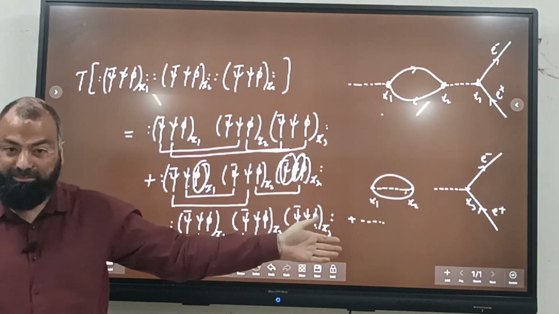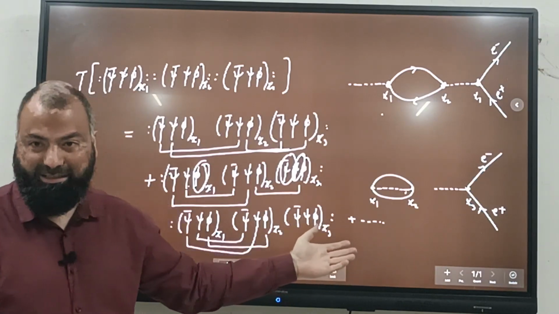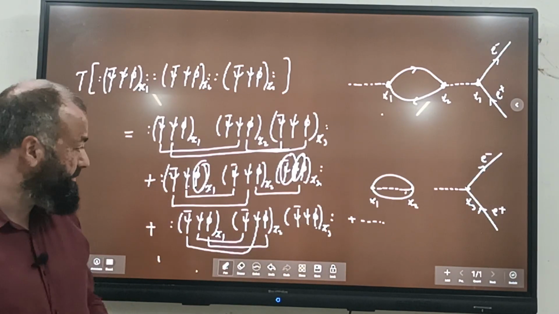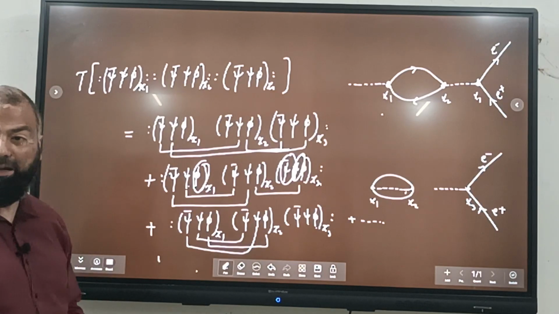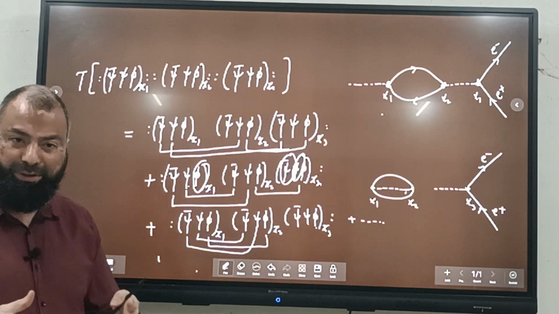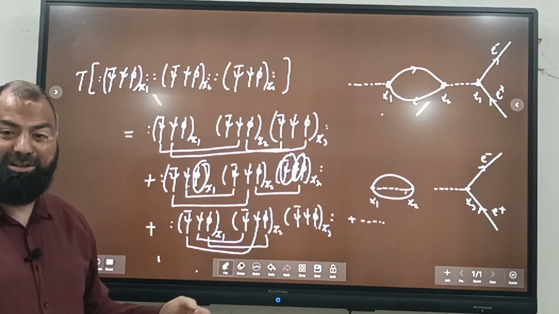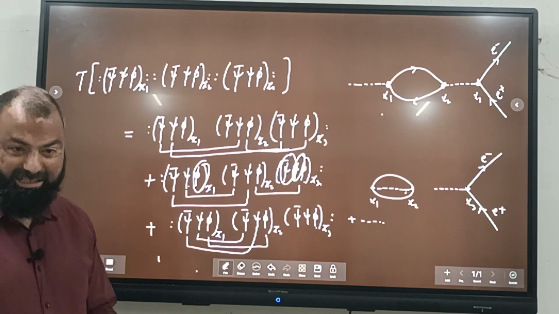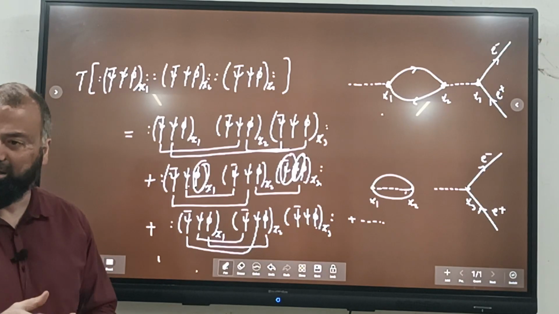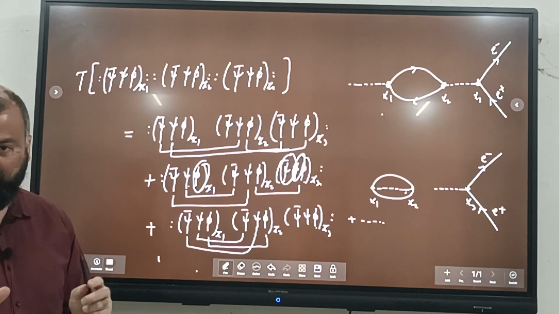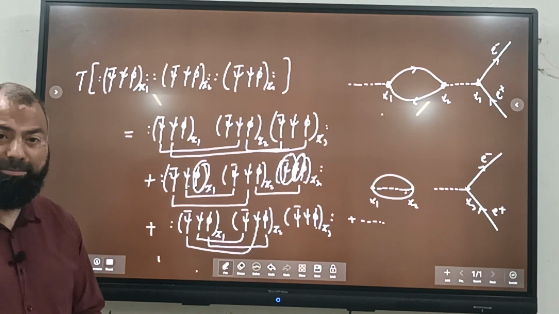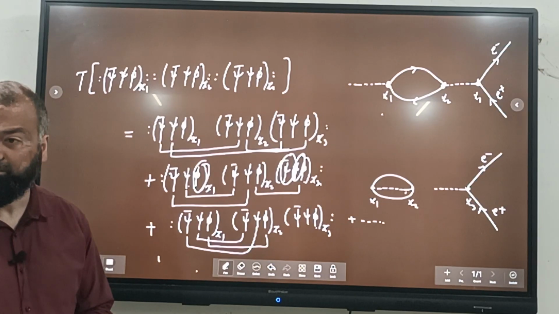This is also disconnected. So when you do all the possible contractions, you will get only a few diagrams which are connected; most of the diagrams you will get are disconnected. We will discard the disconnected diagrams. Any problem?